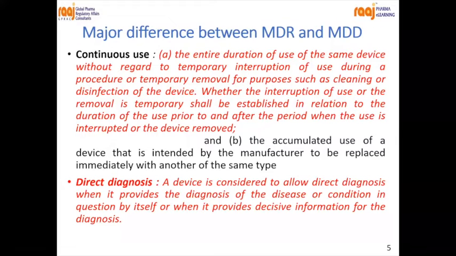Then, direct diagnosis. A device is considered to allow direct diagnosis when it provides the diagnosis of the disease or condition in question by itself, or when it provides decisive information for the diagnosis. Direct diagnosis is very, very important because it should give the perfect result. In COVID cases, you must have heard about the rapid kit.